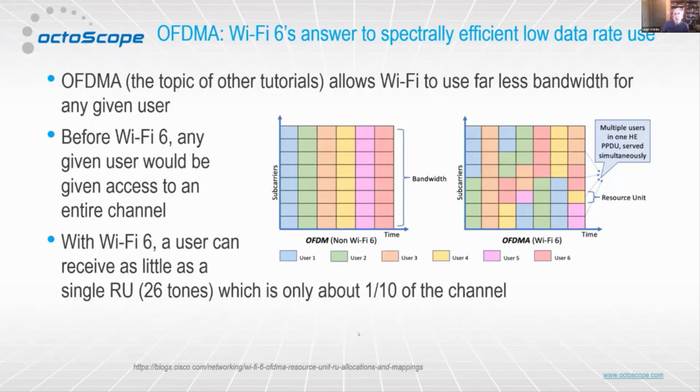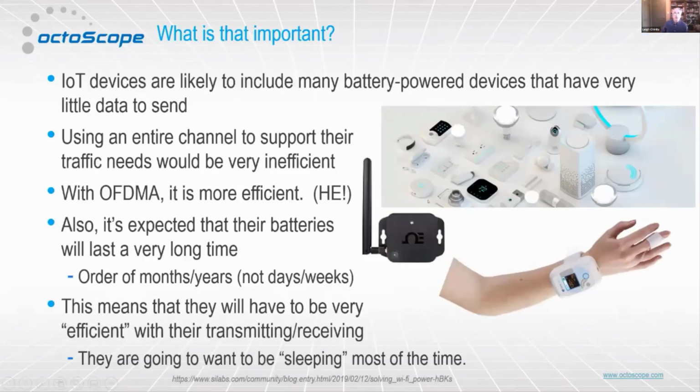But what we want to do is just explain what Wi-Fi has done to try and be more spectrally and power efficient. So why is it important to have access to less spectrum at any given time? The reason is, if we're looking at the IoT, we're talking about what's likely to be a lot of little battery powered devices that really don't have a lot of data to send, right?